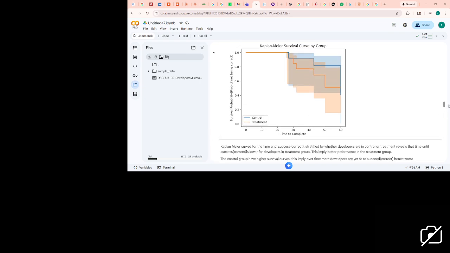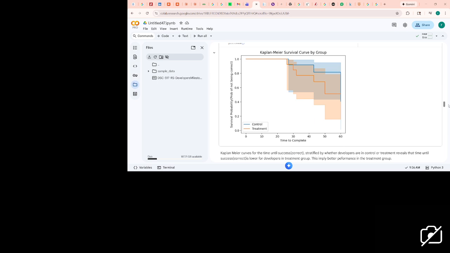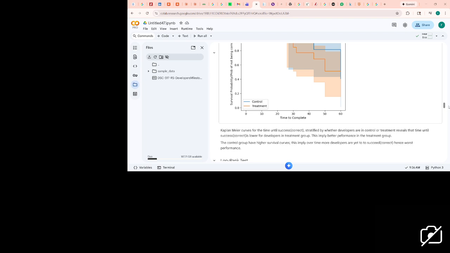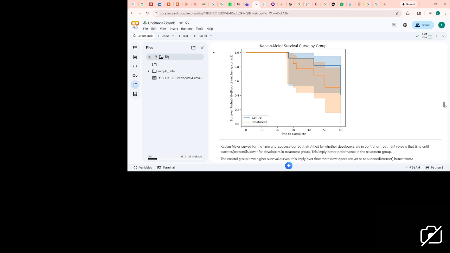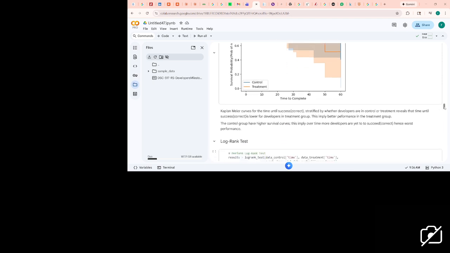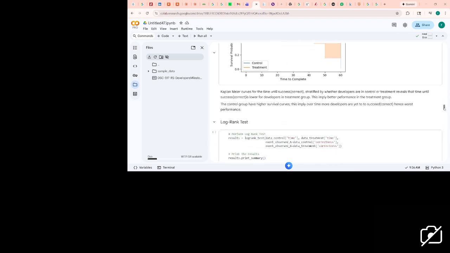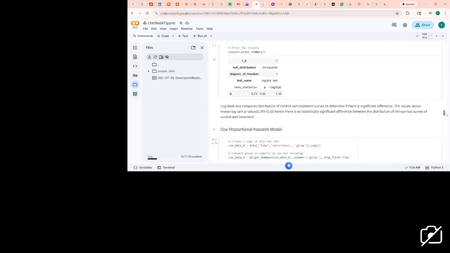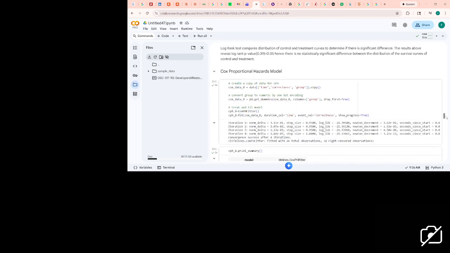Then the results we got from the plot, we evaluated by testing the significance using the log rank test, and then we fitted the Cox proportional hazard model to the data, and we did two plots.